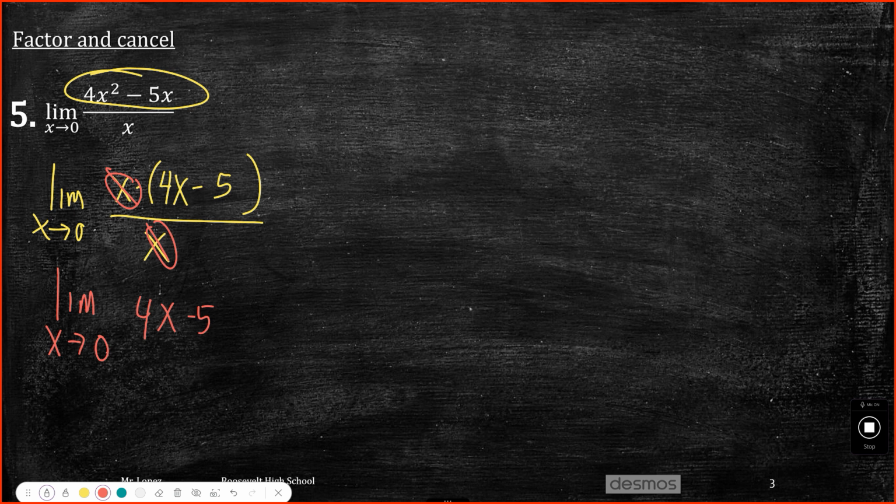When we plug in 0, what's 4 times 0 minus 5? It's negative 5, isn't it?